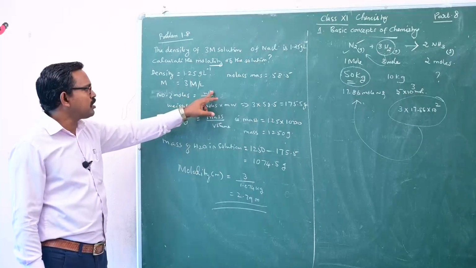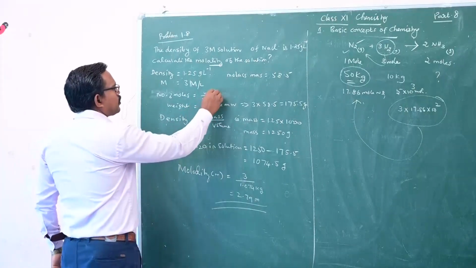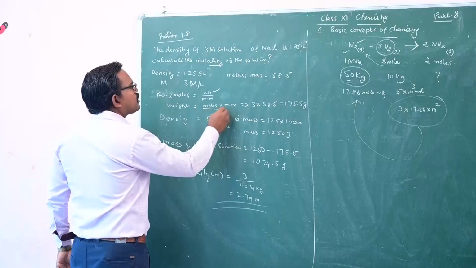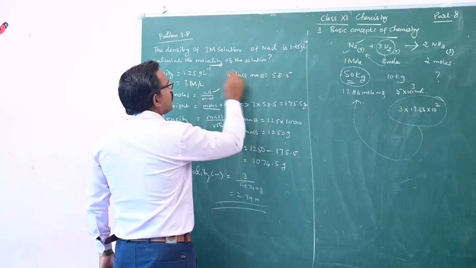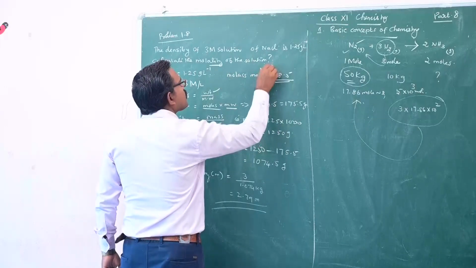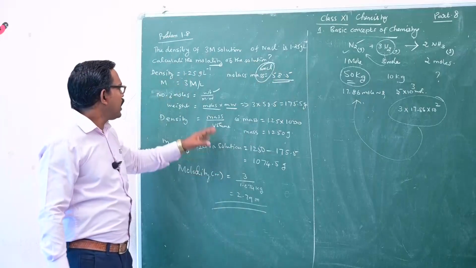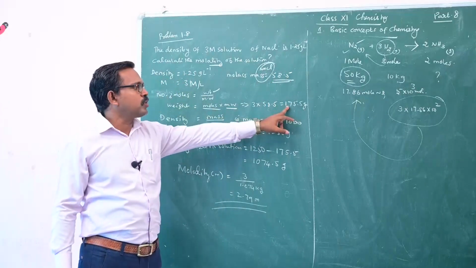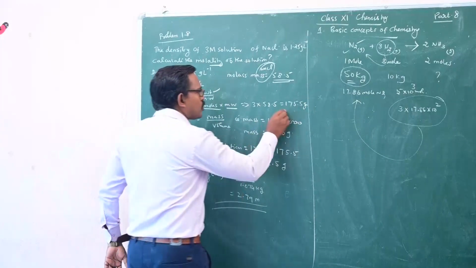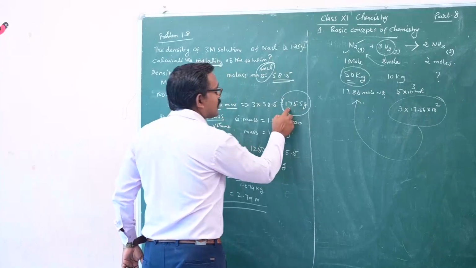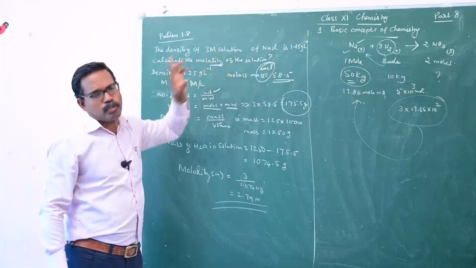Number of moles is equal to weight divided by molecular weight. So weight of the solute is moles into molar weight. Molar mass of sodium chloride is 58.5. Therefore, weight of the solute is 175.5 gram. This 175.5 gram is present in the 3 molar solution.